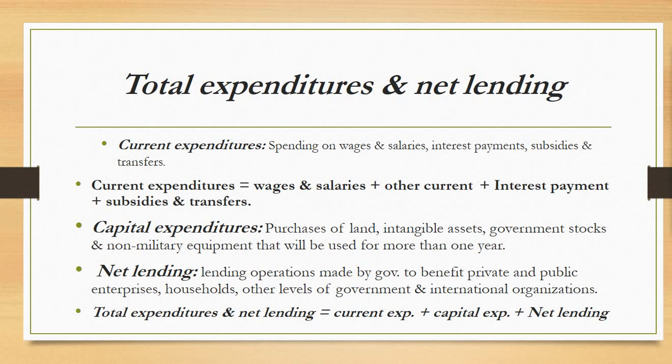Capital expenditure is related to spending on assets, whether fixed assets or intangible assets. The government is going to buy bonds. The government is going to buy lands. Any non-military equipment that will be used for more than 1 year is also a capital expenditure.